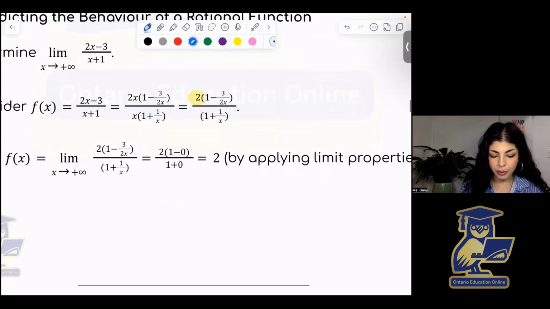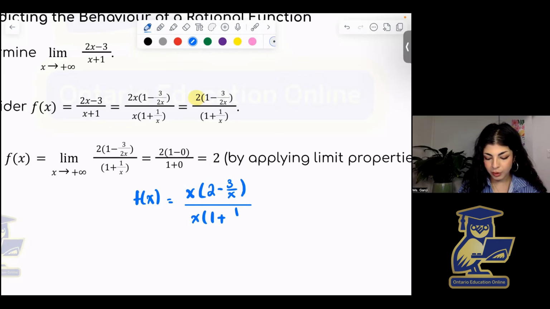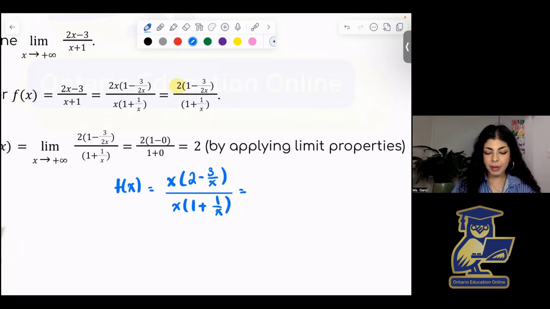I'll show you, for example, if you hadn't factored as well. So if you had just done x and then 2 minus 3 over x, and then here we had 1 plus 1 over x. So it would be kind of the same thing, but here these two would be canceled out.